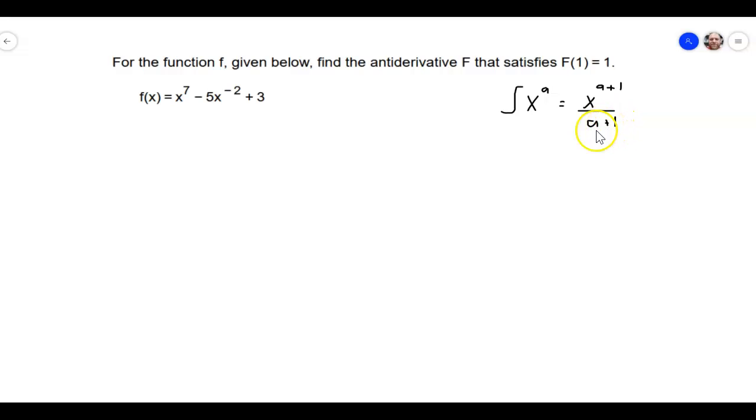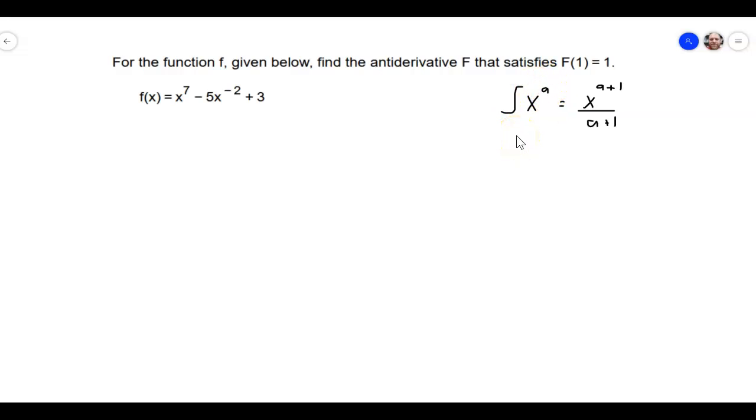So all we're doing is adding 1 to the exponent, and then dividing by that new exponent. It's very similar to the power rule for differentiation, just the opposite. For differentiation, we pull the exponent out front and multiply, and we subtract 1 from it.